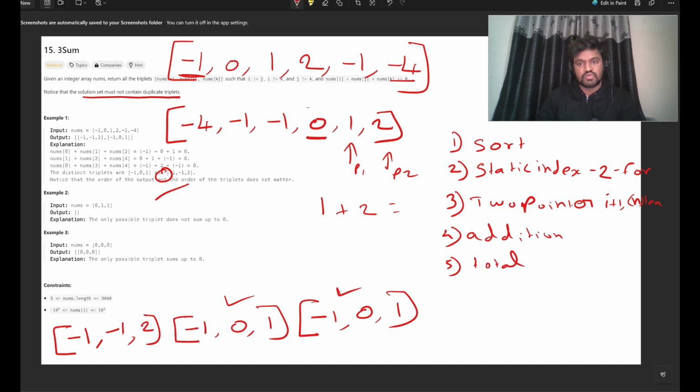So, total check, and finally return. In this total check there can be three: zero check, greater than, or lesser than. We should check these three things, and based on that we should make the next action.